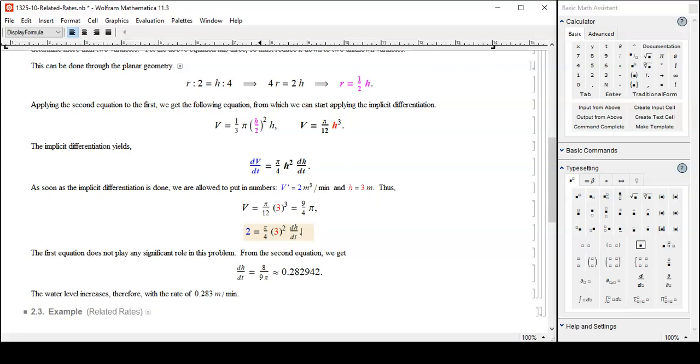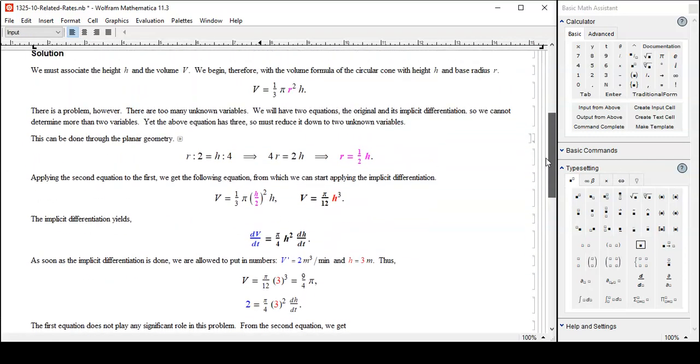With all those numbers plugged in, you can solve for dh dt. So what do you get? Divide all these. 9 pi over 4, so we get 8 over 9 pi. Do your computation, and you're going to get about 0.283 meter per minute. Okay, there you go. That's a full solution.